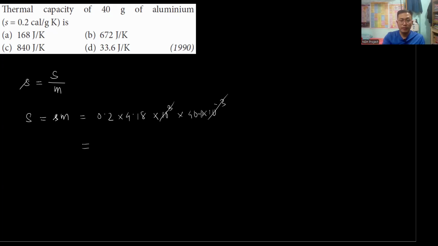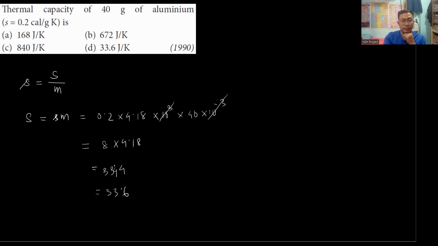The mass is 40 gram, so 40 into 10 power minus 3. So 0.2 into 4.18, that is 8 into 4.18 or 8 into 4.2. So 8 into 4.2 is 33.6. So this is 33.6.